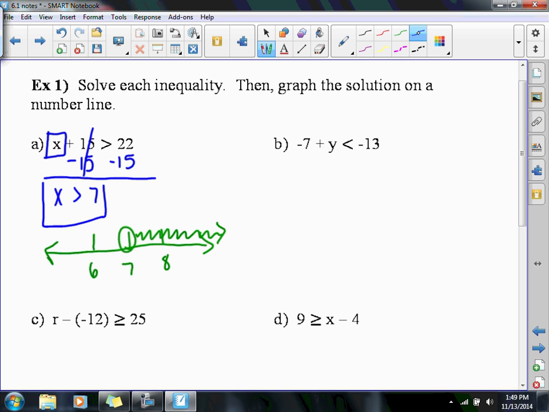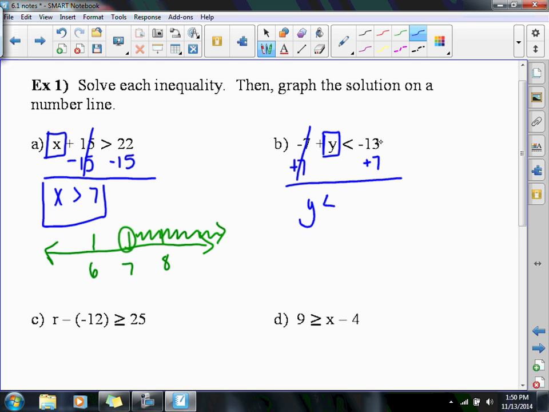Okay, now for part B, I have to solve for y. So I have negative 7 plus y is less than negative 13. Again, if you want to box in the y, you can. I'm going to get rid of that negative 7 by adding 7 to both sides. That isolates the y.